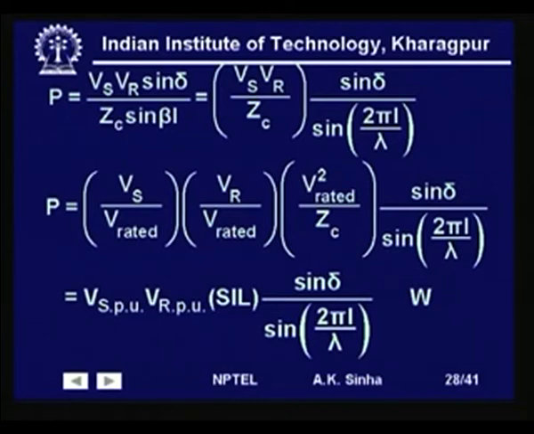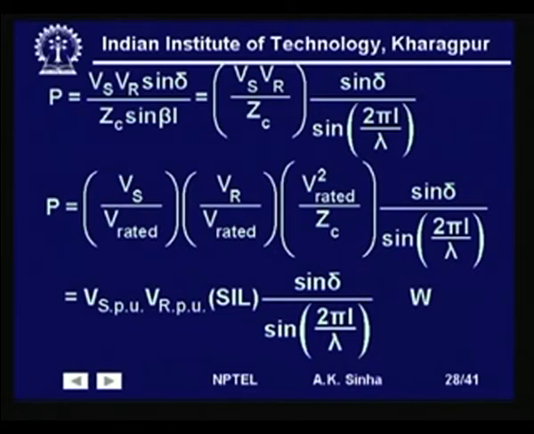So, P is equal to Vs by V rated, we want to put everything in terms of per unit system. Therefore, Vs by V rated into Vr by V rated into V rated square by Zc, that is, this V rated we will get cancelled here.